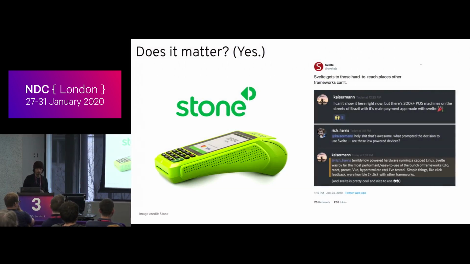There are 200,000 devices in the wild. That device runs a very old WebKit on extremely memory-constrained hardware. They tried like a dozen different kinds of frameworks. None of them could be used because when you press a button, it would respond half a second later. Of course, users would be more likely to press it twice and may end up overcharging the customer. But when they tried Svelte, it worked smoothly.